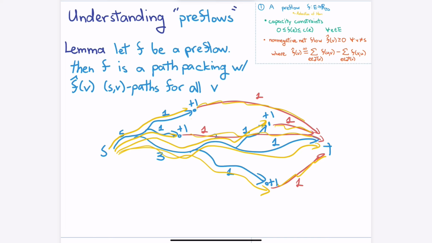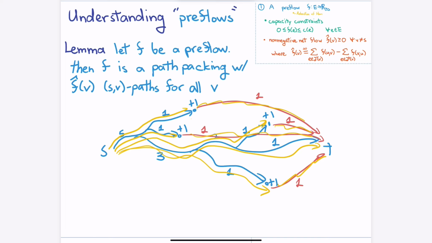And so you'll get one path that's going through this vertex along this edge. And you remove that edge and that just becomes a path to this vertex. And so everything will meet. Okay, so that's one way to build a little bit of intuition around preflows.